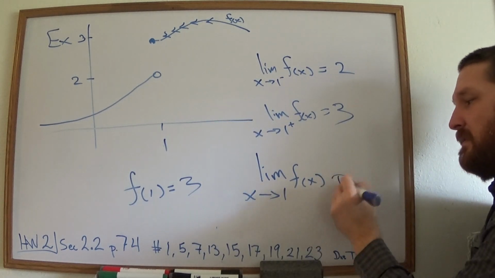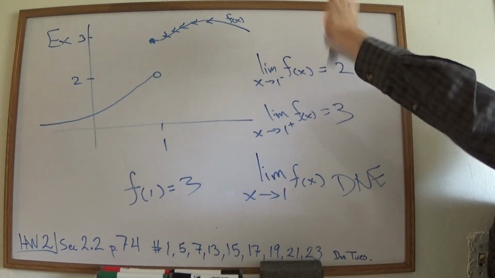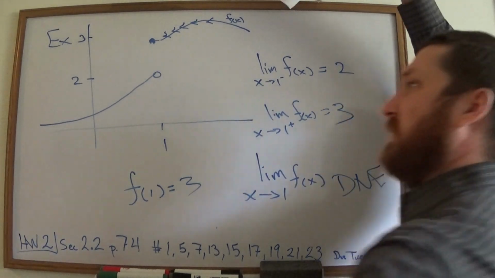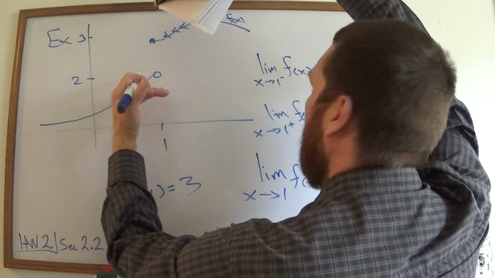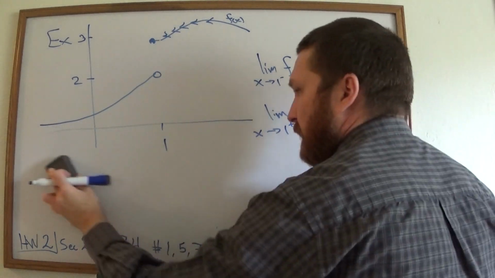Turns out this does not exist. There's no way to reconcile these two things. You're going from this direction, you're going one way. You go from this direction, you're going somewhere else, so they don't reconcile. And now this brings us to our final thing.